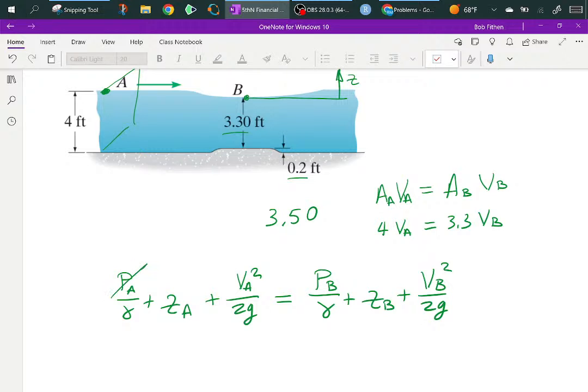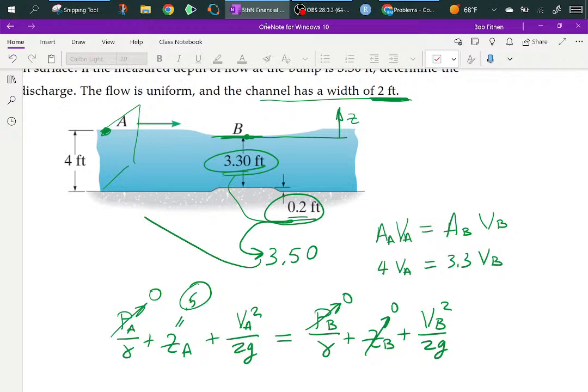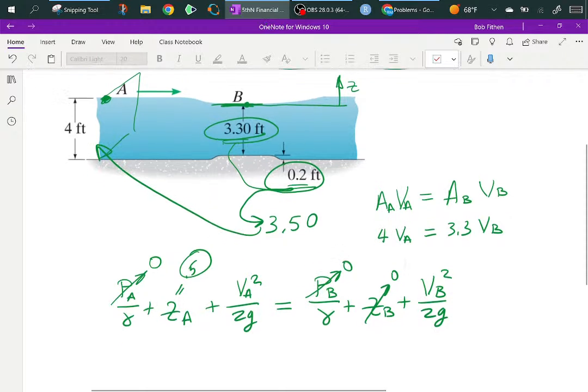The other thing is I'm taking the top points of the water, and for ZB, I'm setting my datum to be the elevation of the water at B. And that means this has got to be a half of a foot above it. If I'm adding that right, 3.3 and 0.2 gives me that, and that's a half a foot below that.